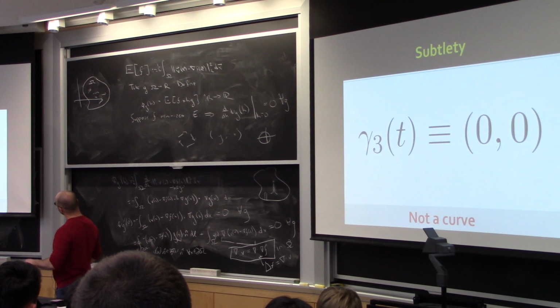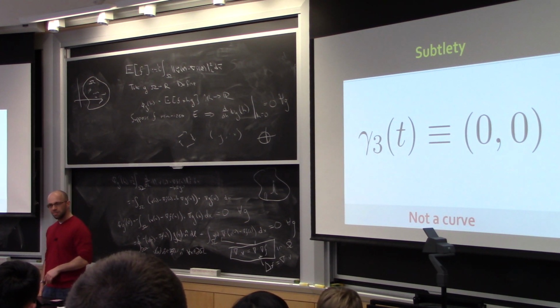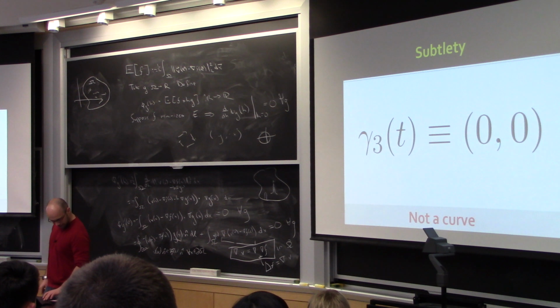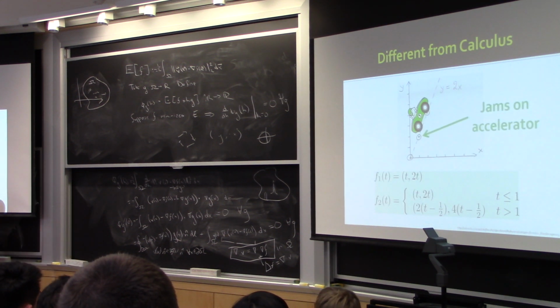But in fact, you can come up with some really nasty counterexamples that make you think about what defines a curve geometrically. So it's clearly not just a function. Here are two different functions, f1 and f2. f1 is t comma 2t.